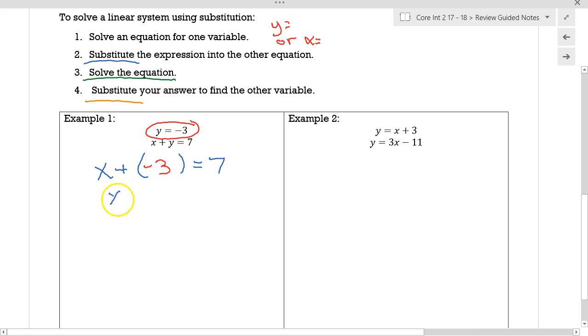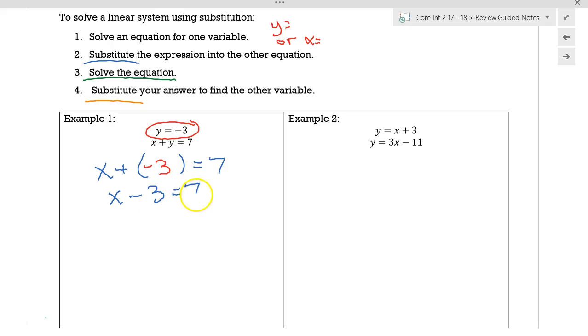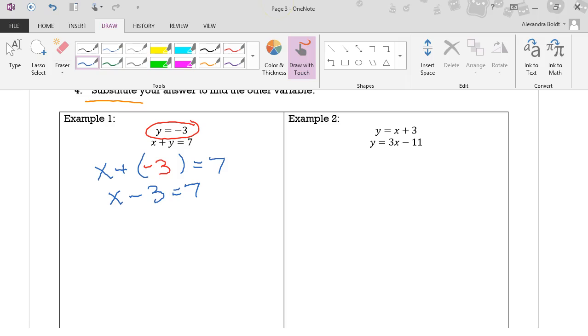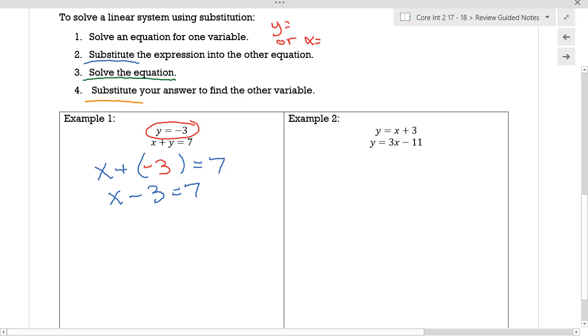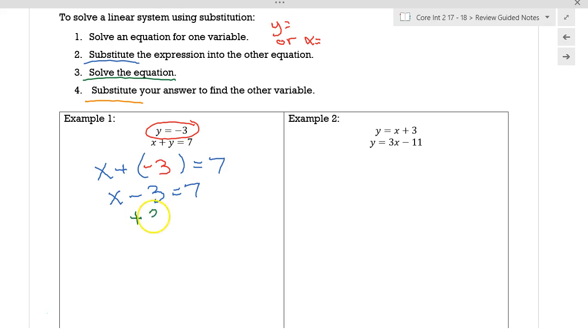So this is really saying x plus -3, which is the same as x minus 3, equals 7. Now I'm going to solve this equation. We've done a whole bunch of solving in our last MLO, so I just need to do the opposite, add 3. 7 plus 3 is x.